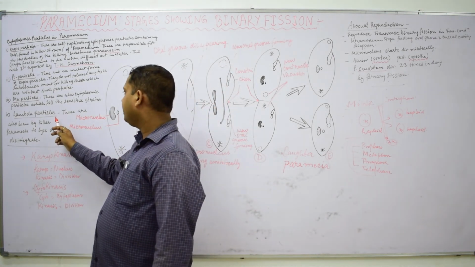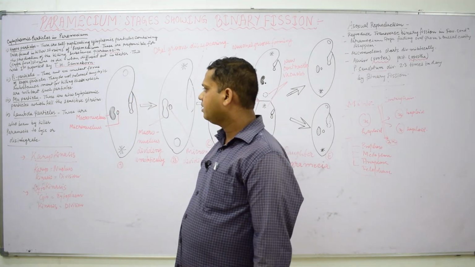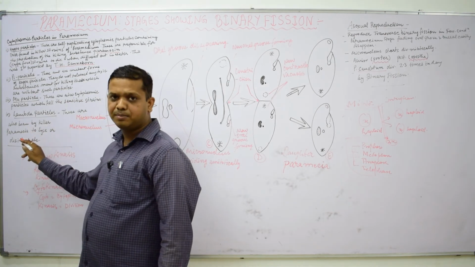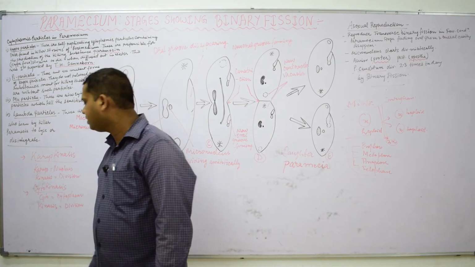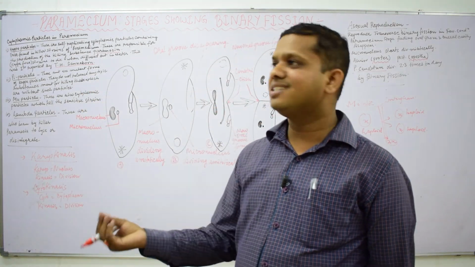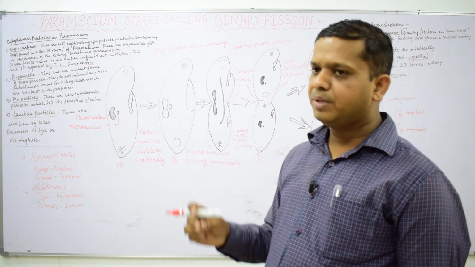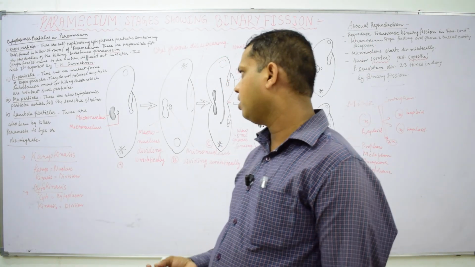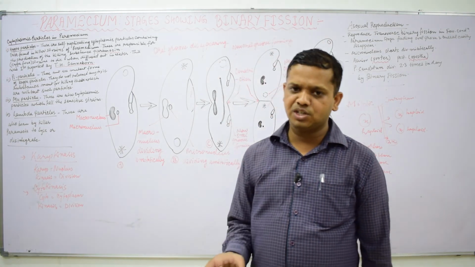Now, lambda particles. Lambda particles are also borne by killer paramecia, causing the paramecium to lyse or disintegrate. Lysis means disintegrate, disappear, degenerate. So, lambda particles are also borne by killer paramecia for the lysis or disintegration process.